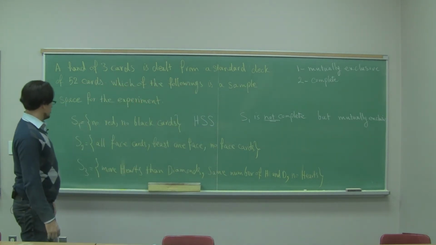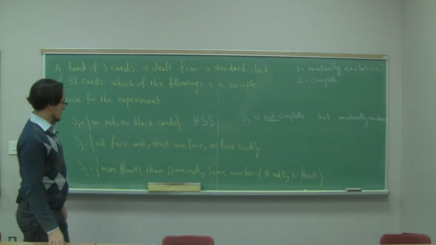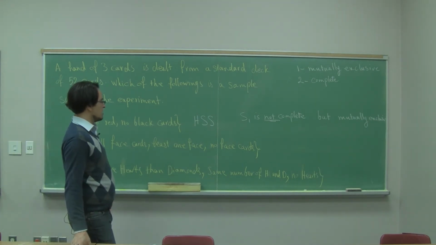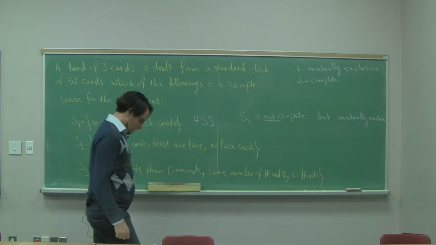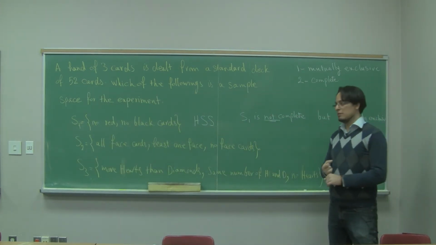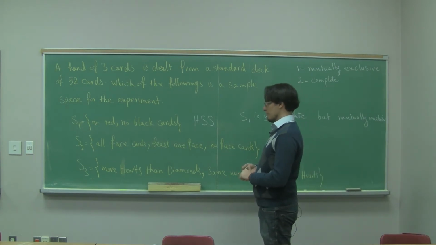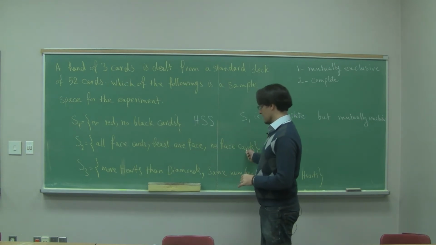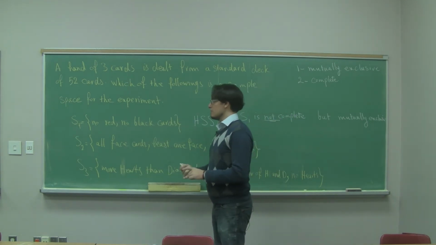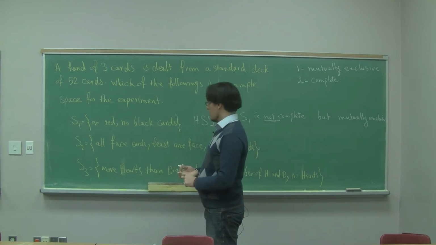Well, how about S2? S2 says all face cards, at least 1 face, no face. So we have these 3 cards. We can have 1 face, 2 faces, 3 faces, or no faces. So no faces is here. At least 1 means we have 1, 2, or 3 faces.